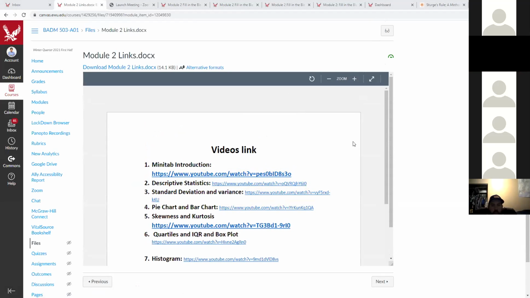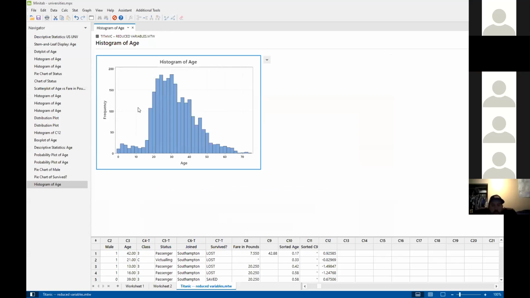Yes, I can see it. Now, how to write range, for example, this is a good question. So in Minitab, hopefully you can see my Minitab again. What is the range? What do you think the range is?